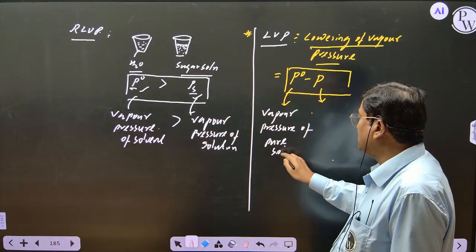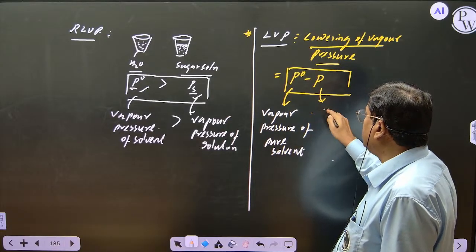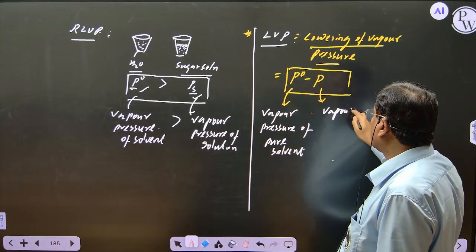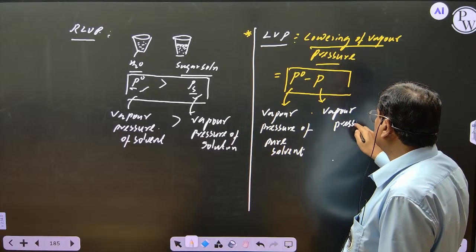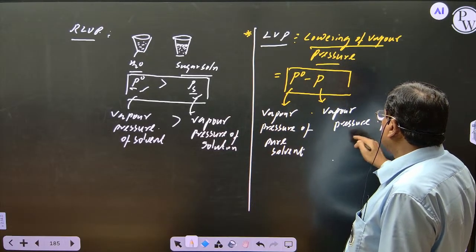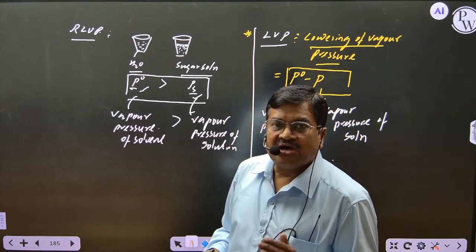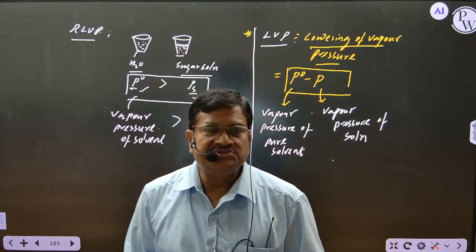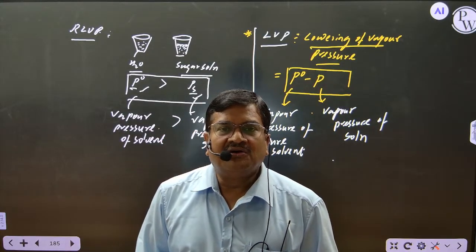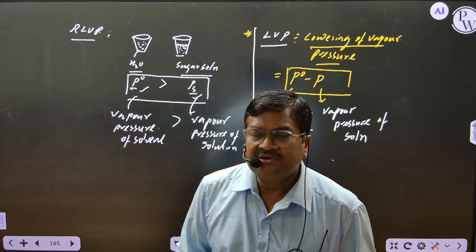Pure solvent. And what is this P, students? Vapor pressure of the solution. So simple, no? The difference between the vapor pressure of the solvent and that of the solution will give what? Lowering of vapor pressure. Understood, all of you? So copy this.